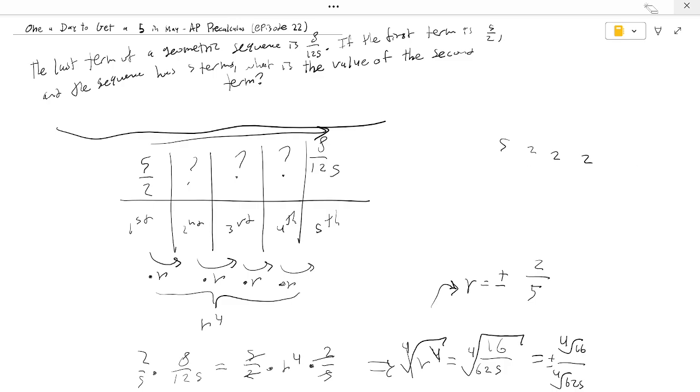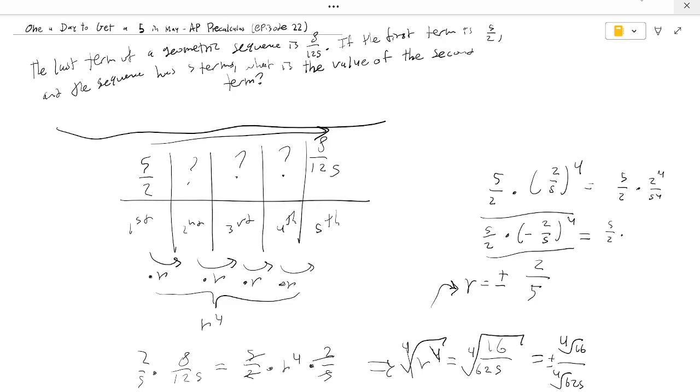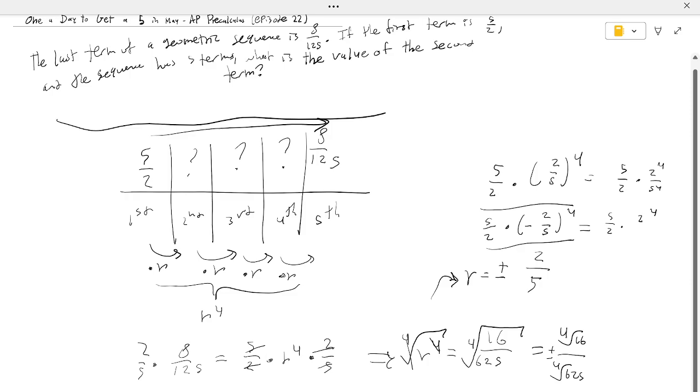If I have 5/2 times 2/5 to the fourth, that's the same thing as just 5/2 times 2 to the fourth over 5 to the 4. But notice, if we have 5/2 times minus 2/5 to the 4, that's the same thing as 5/2 times 2 to the 4 over 5 to the 4, because when you raise a negative to an even power, you get a positive. So it's the same thing either way.